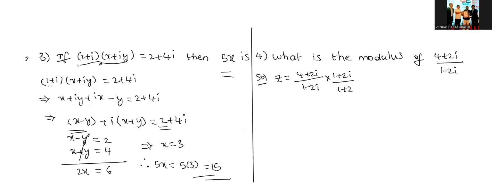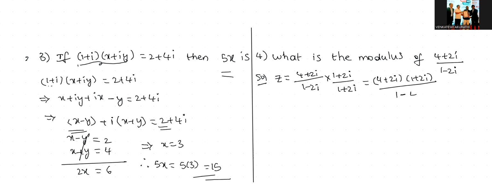That is equal to (4 plus 2i) into (1 plus 2i) by (a plus b) into (a minus b), that is equal to 1 minus 4i square.